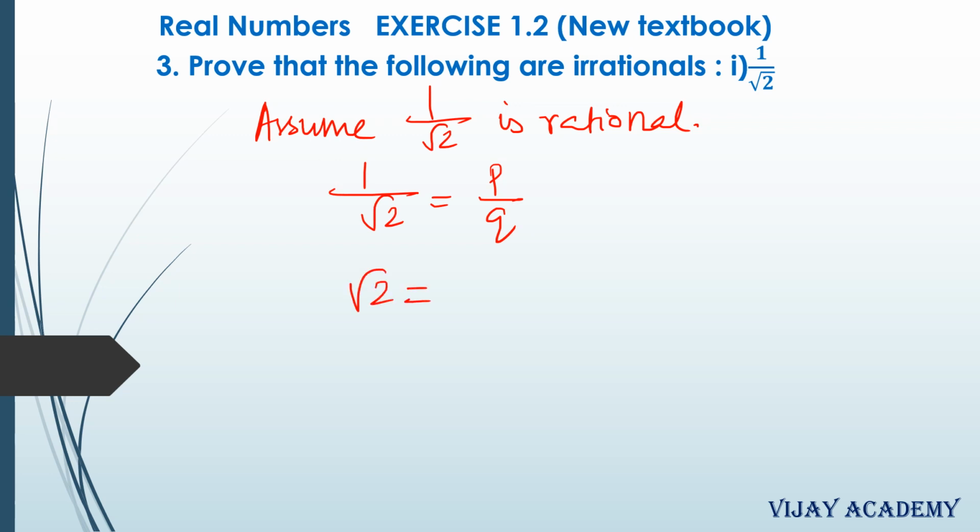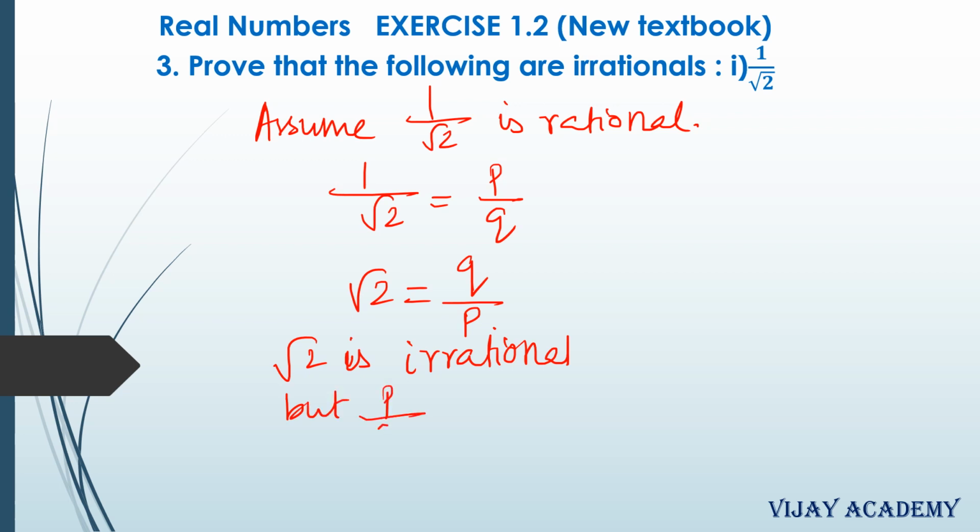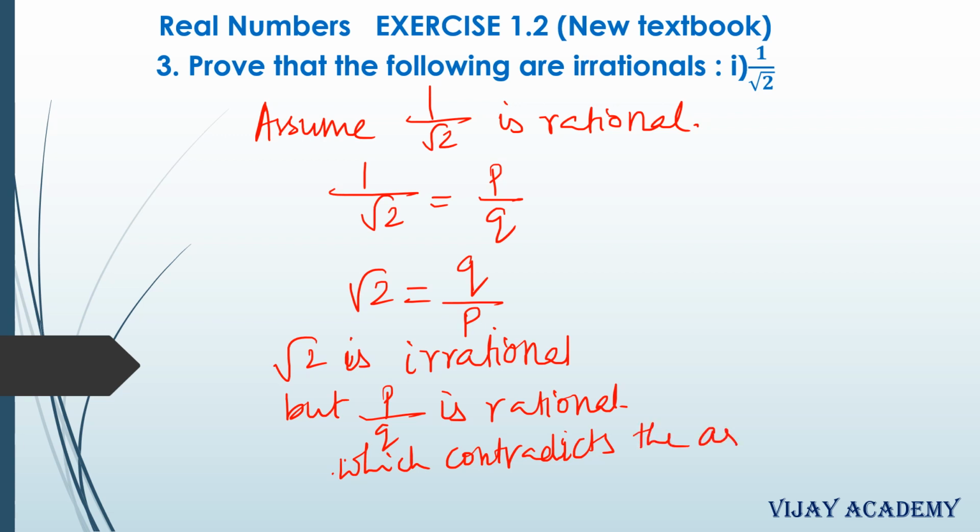We get root 2 equals q by p, and now we can say that root 2 is irrational, but q by p is rational. Therefore, which contradicts the assumption. Therefore we can write that 1 by root 2 is irrational.